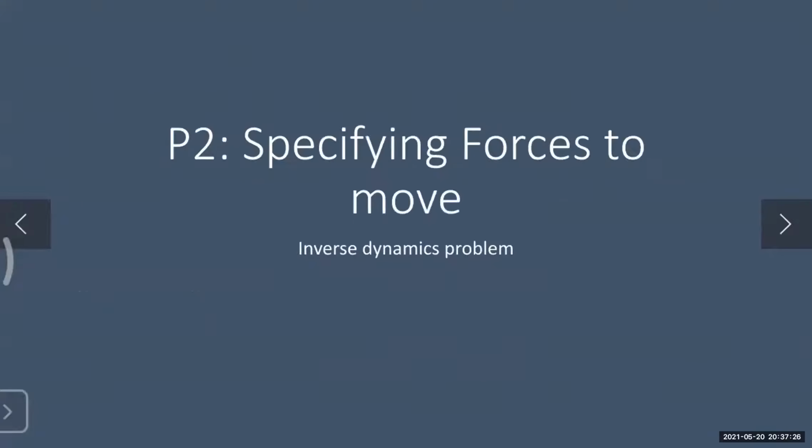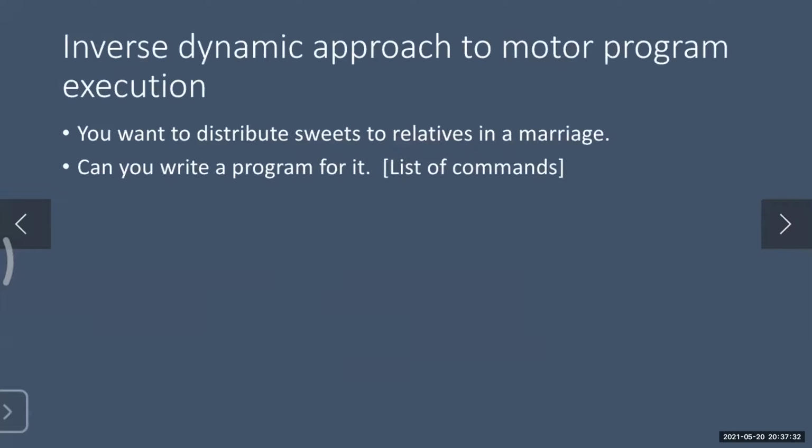Then the second one we saw was how does it specify force to move, right? And in that, we started thinking about the steps we need in order to plan, in order to produce a command, right? And I had asked all of you to just tell me what are the steps we have in executing a movement, right?